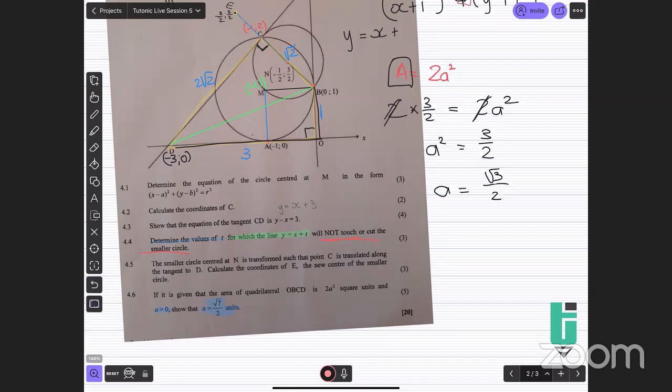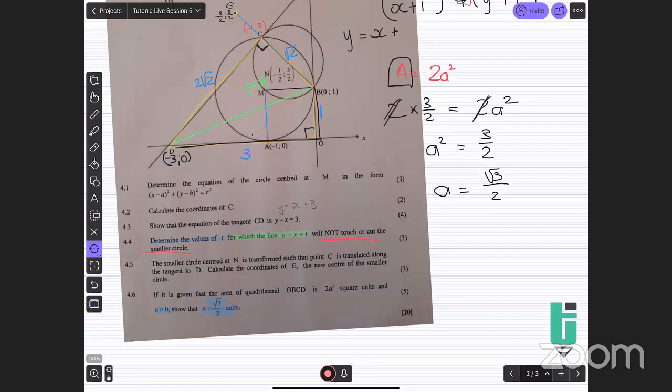Ilyaas, yes, I think you worked out CB incorrectly. CB is 1 plus 1, root 2, isn't it? What did you get for CB? I'm just going to work it out again. I might have done it wrong.